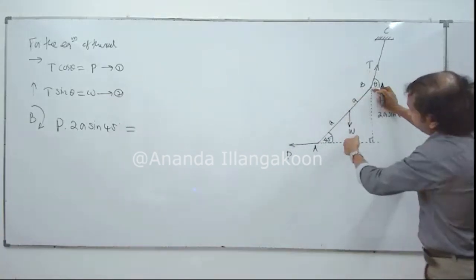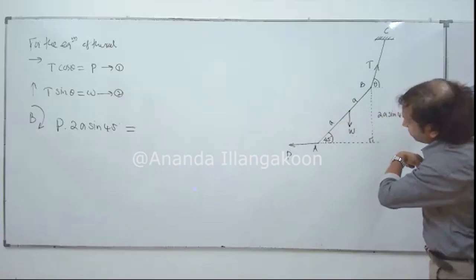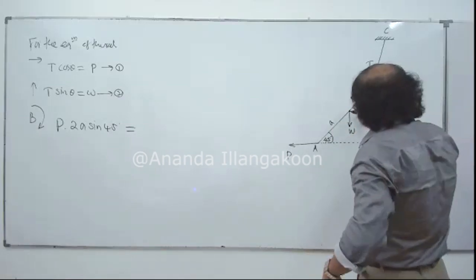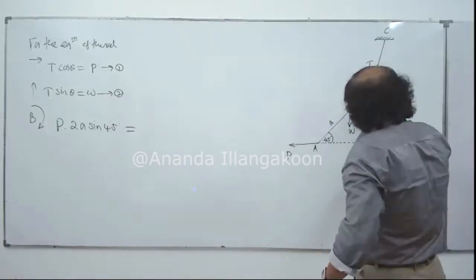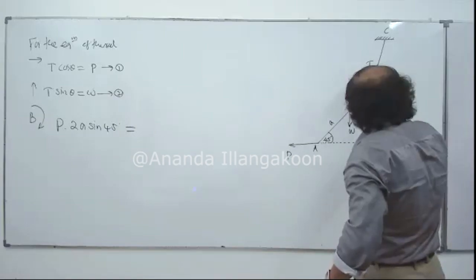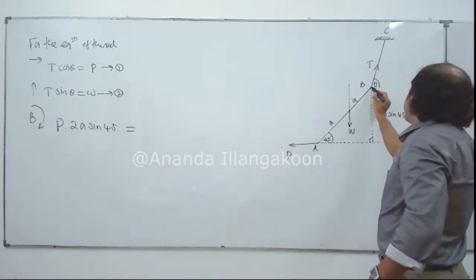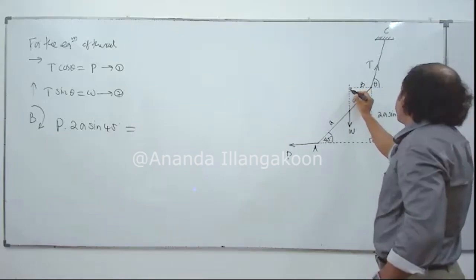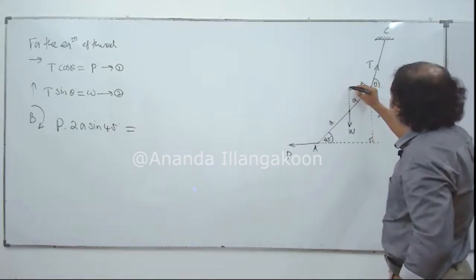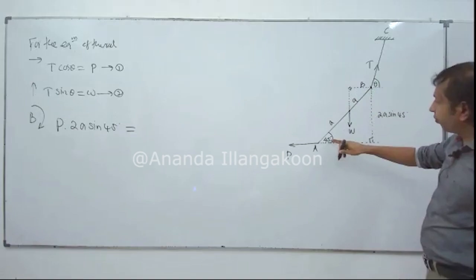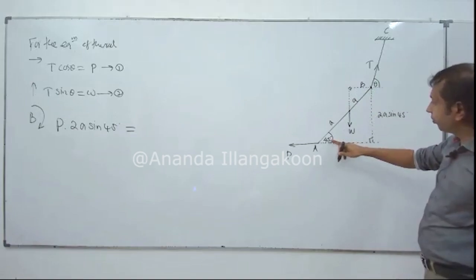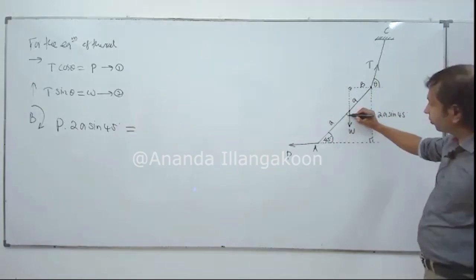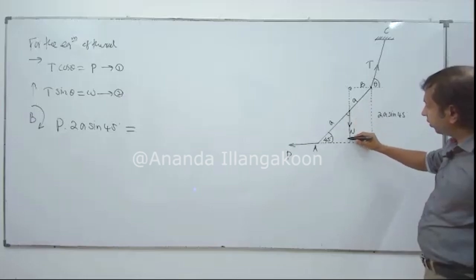When W pulls down, the rod rotates anti-clockwise. This is the line of action of W, so the perpendicular distance we need is the length from here to here. This is also 45, because W is vertical.